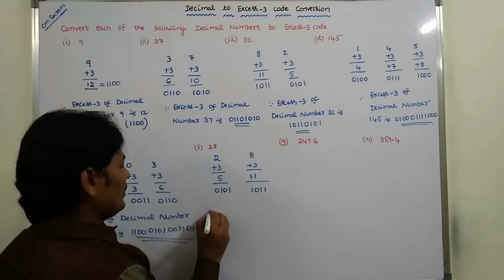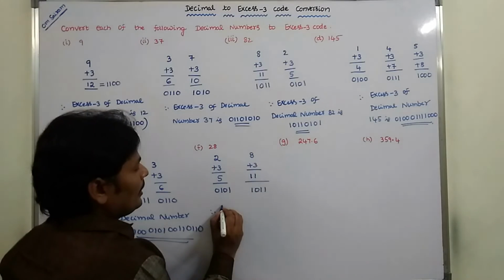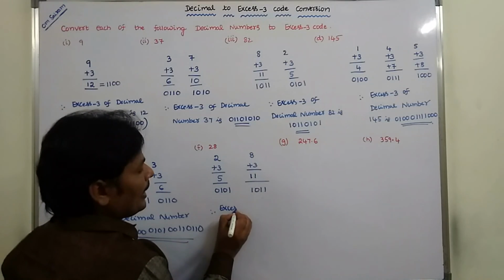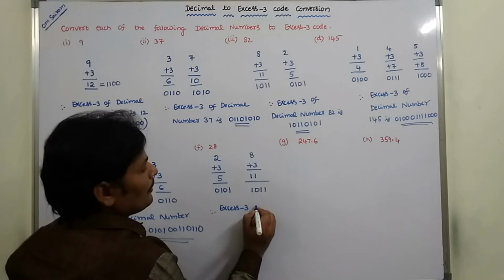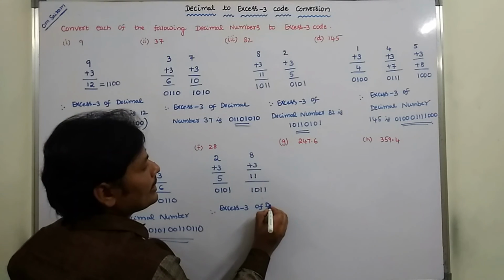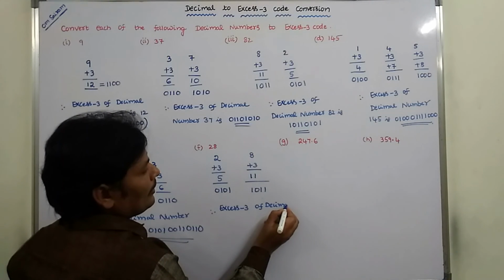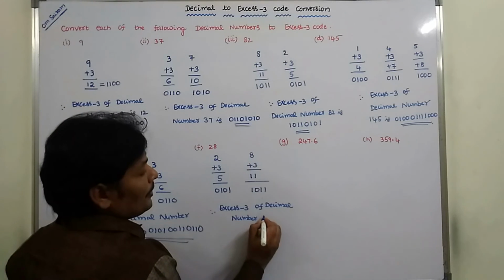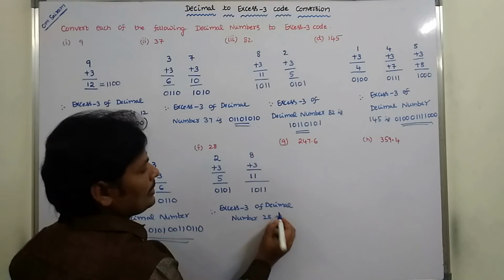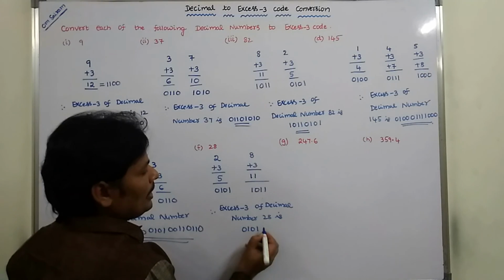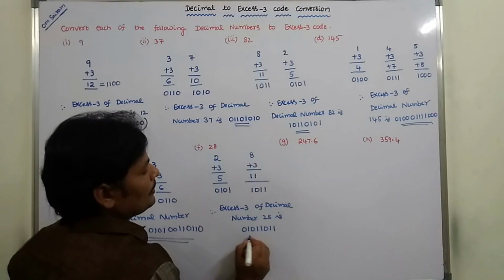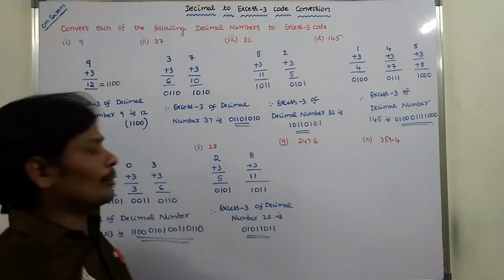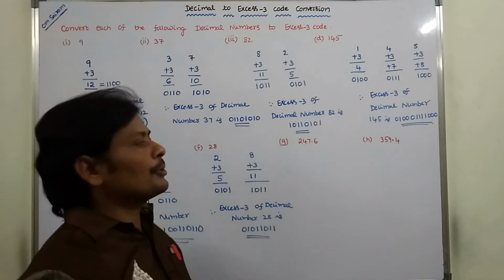So then, therefore, excess-3 of decimal number 28 is 0101 1011. So this is the excess-3 code of decimal number 28.